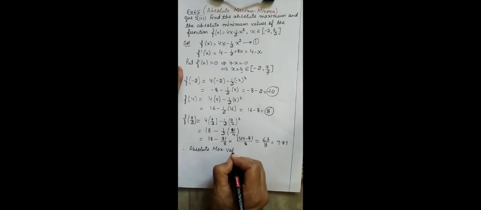So therefore, absolute maximum value is 8 and absolute minimum value is minus 10. So students, these are the steps for finding the absolute maxima and minima.